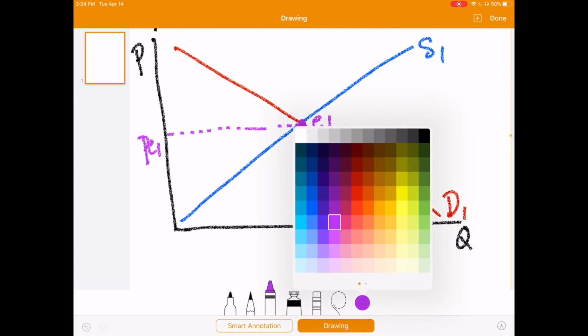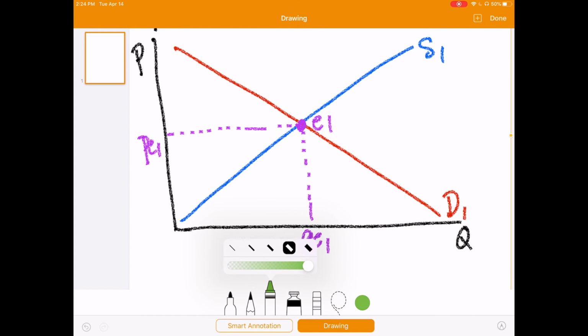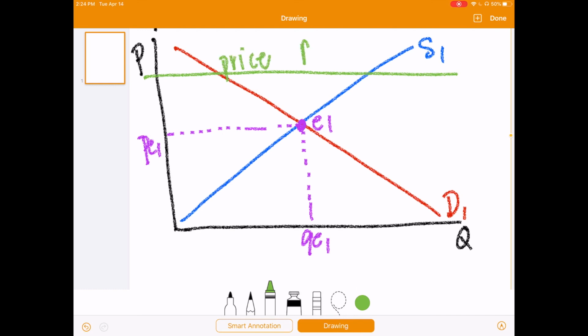Price floors are always going to be above equilibrium. So drawing my price floor, a straight line above equilibrium. I'm going to label it price floor. And then I'm going to find where the green line meets supply 1 and where the green line meets demand 1.